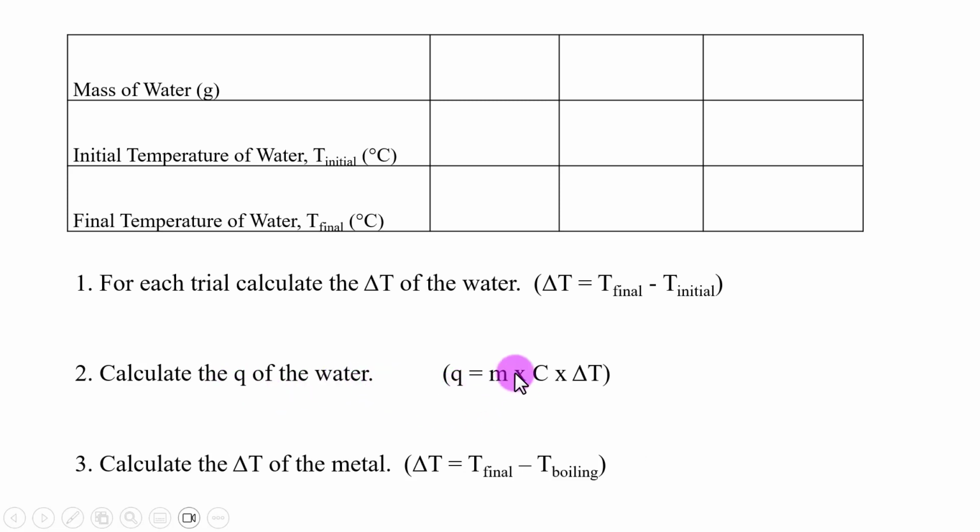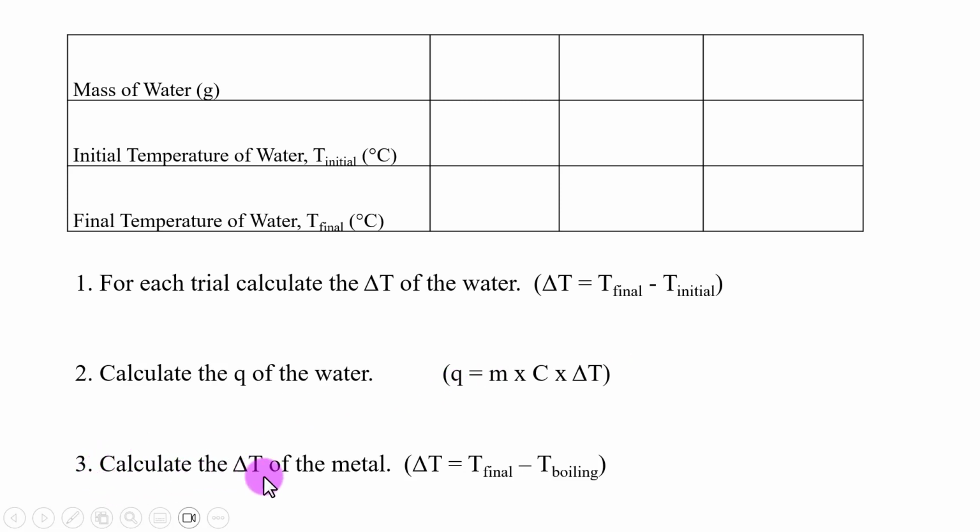Q is equal to the mass of the water times the specific heat of the water, which is 4.184 joules per gram degree Celsius, times the delta T for water, which you calculated in part 1. The mass of water you have in the table, C is given to you, then calculate Q.